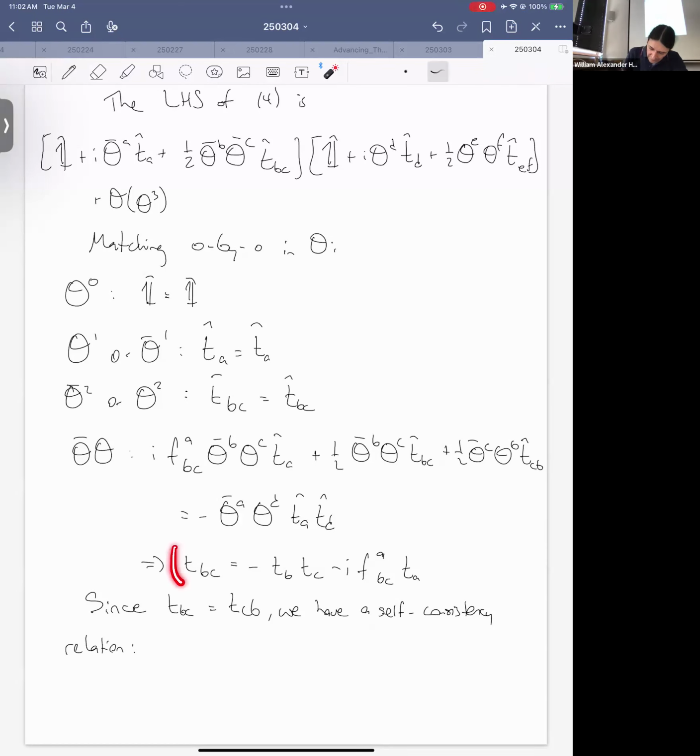Right? So if I take this expression and I say that this must be equal to this, but also I can swap the C's and B's. So that tells me that minus TBTC minus iFABCTA equals minus TCTB minus iFACBTA.